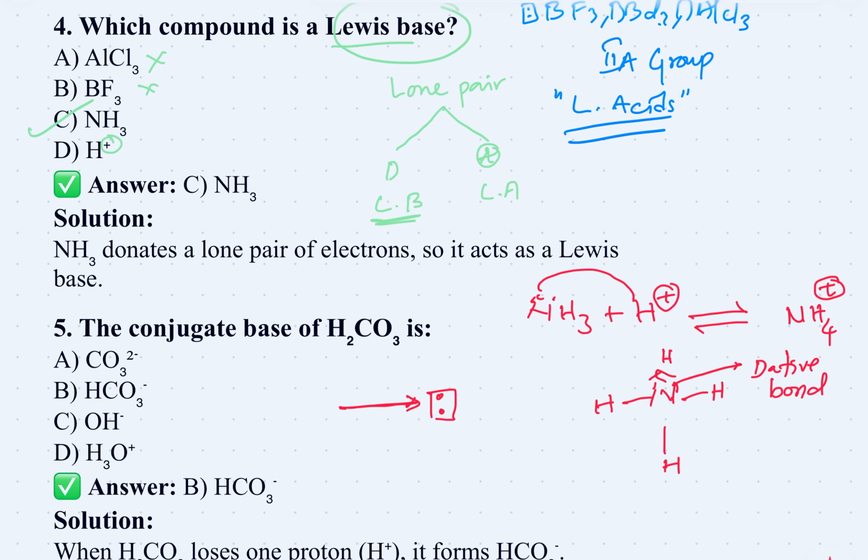That is nothing but an arrow mark. The arrow mark indicates two electrons, that is, a pair of electrons. The compound is donating a pair of electrons to this hydrogen. Therefore, this is the donor, this is the acceptor. Therefore, NH3 is a Lewis base. Clear? That is the concept.